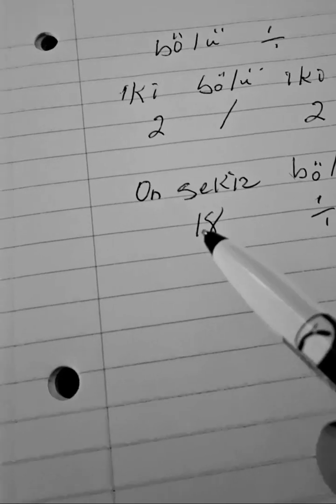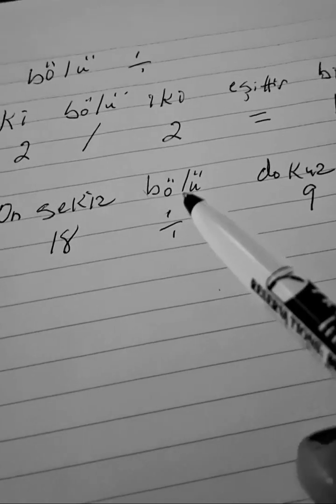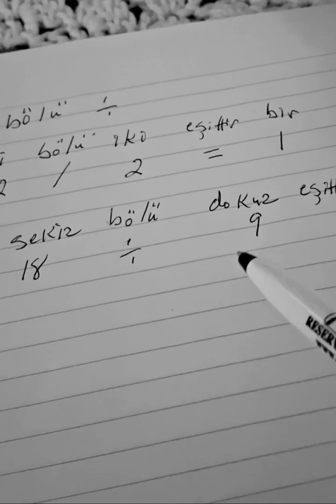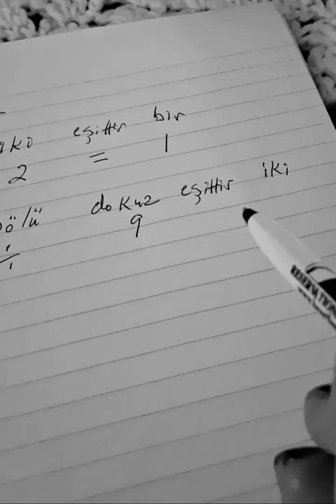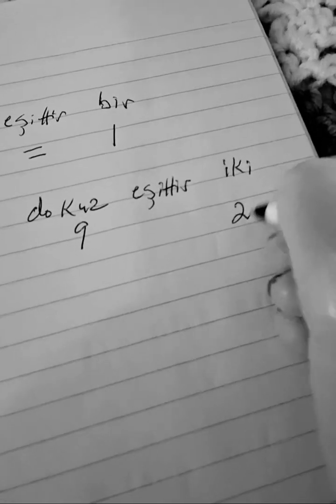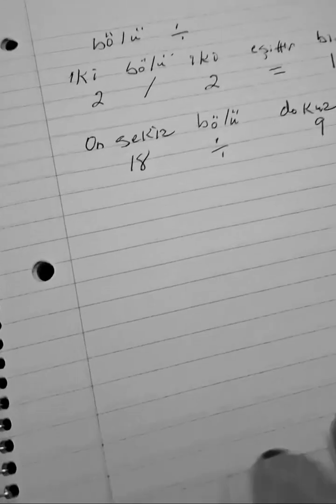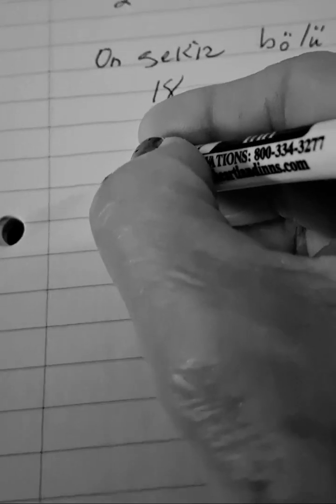So 18 divided by 9 eşittir 2. Okay. All right, let's try this one.